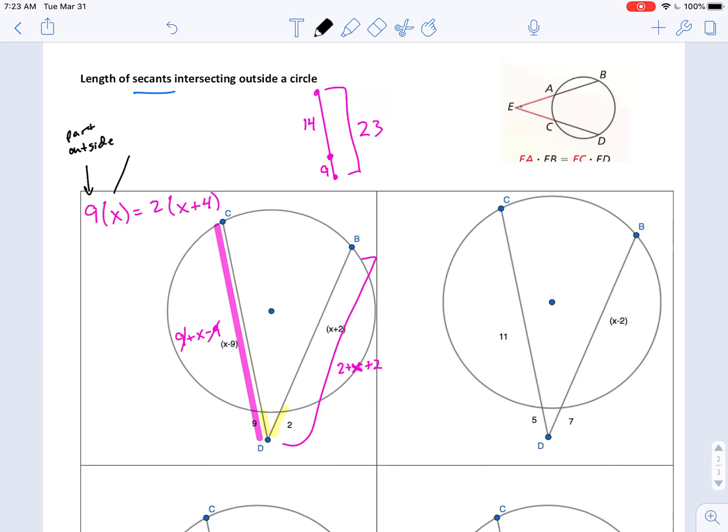So let's label this: it's the part outside the circle times the whole secant.